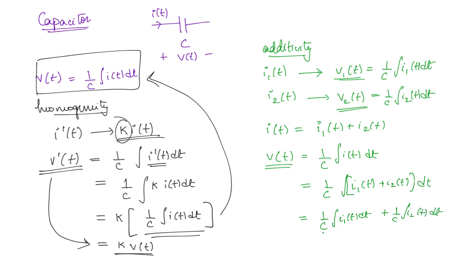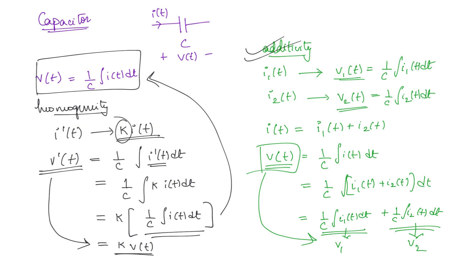So this is nothing but V1 and this is nothing but V2. So you are getting that the voltage is the sum of V1 and V2. So the additivity property is also satisfied. So for a capacitor also the homogeneity and the additivity are satisfied. So capacitor is also a linear element.